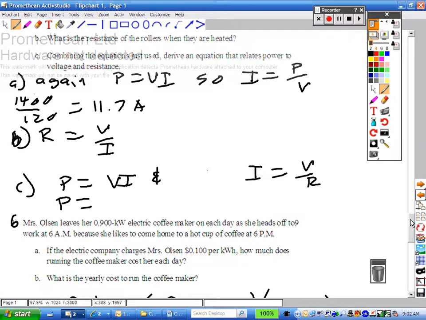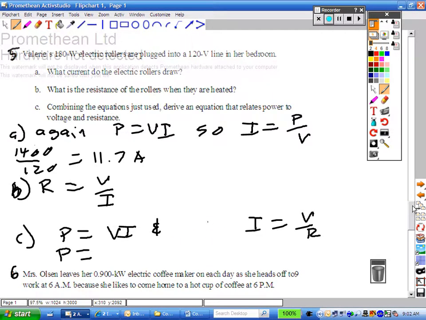Now, for part B, what's the resistance when they're rolling? And that would be 120 volts over 1.5 amps equals 80 ohms. That's for part B.